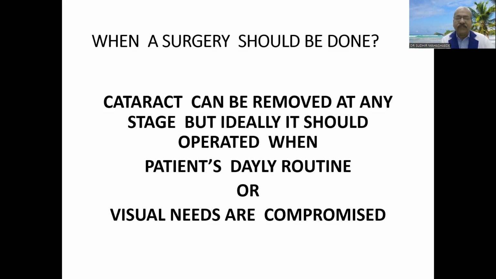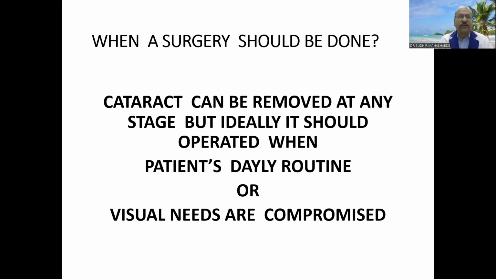So it is when the patient's vision does not improve with glasses, or the vision is not sufficient with the available correction, and his daily routine is being affected, then it should be operated. We need not wait till the cataract becomes totally opaque.